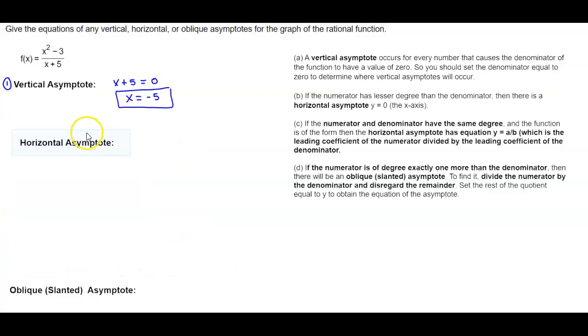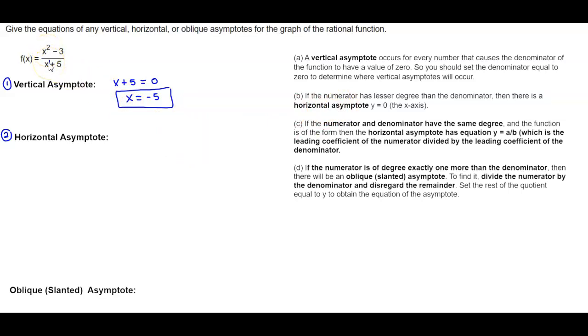So let's take a look at the horizontal asymptote definition and then decide if we have one or not. For part B, it says if the numerator has a lesser degree than the denominator, then there is a horizontal asymptote at y equals 0, which is the x-axis. The degree of the numerator is 2 and the degree of the denominator is 1, so it doesn't apply because the degree of the numerator is larger.